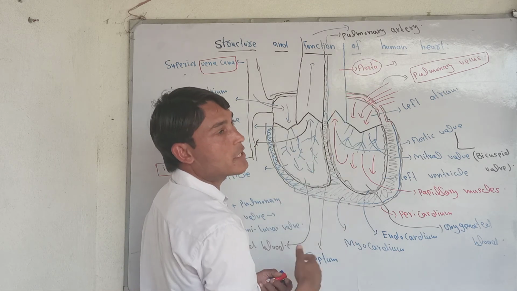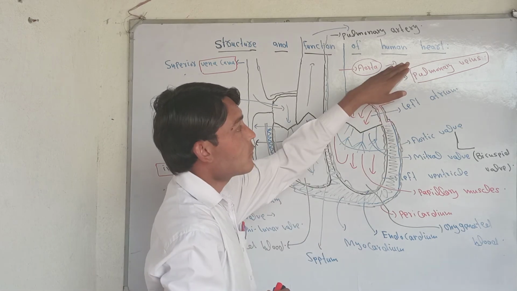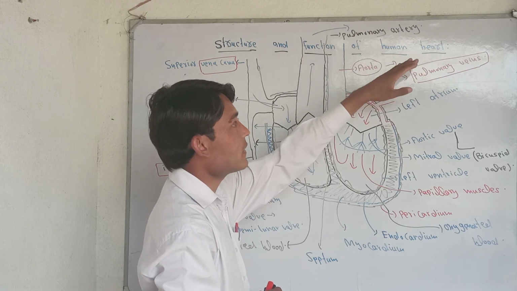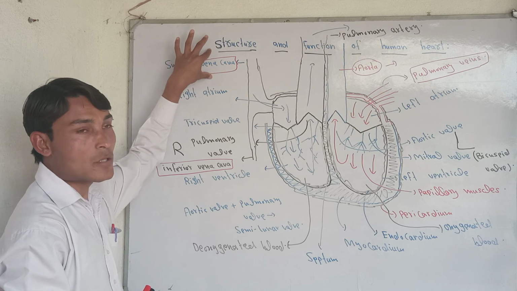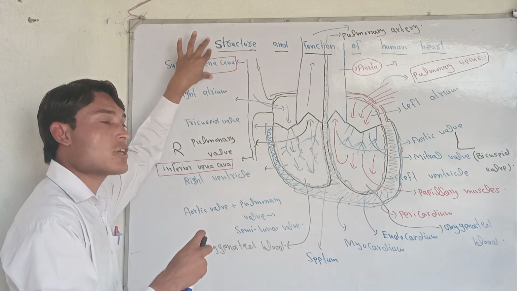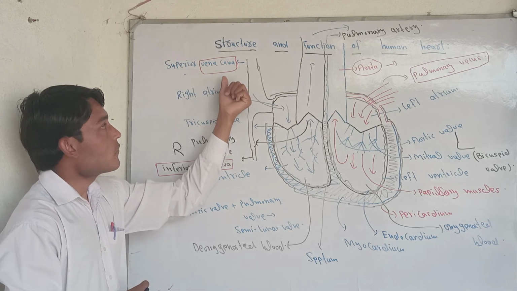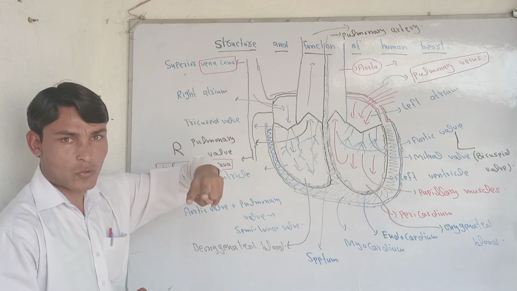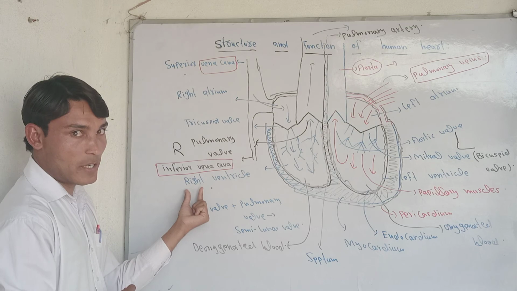Then the aorta is further divided into arteries and then arterioles, and when this blood is used by the body, the function of veins is to take deoxygenated blood from the body and return it to the heart. We have the largest vein, called the vena cava, and we have two vena cava.